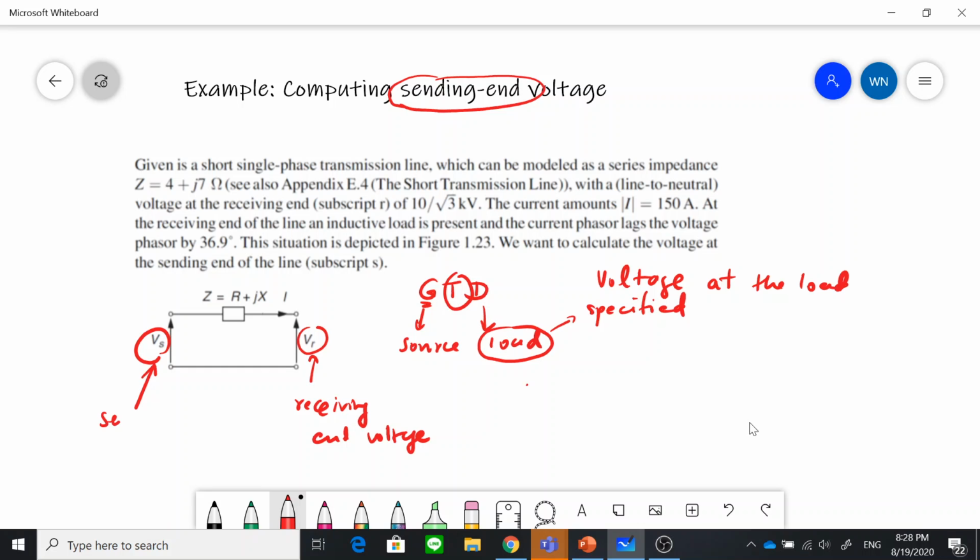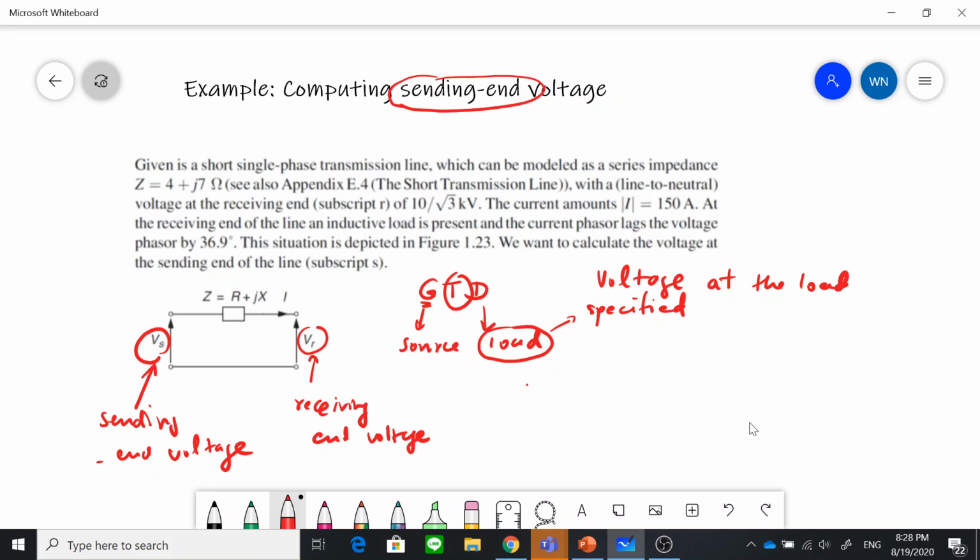So this is the sending end voltage. As I said earlier, the goal of a power system is to supply the voltage at the level that the consumer needs.